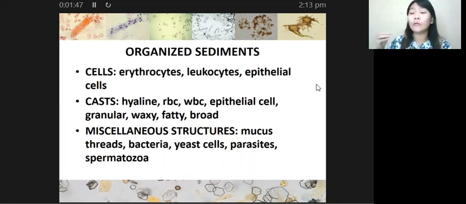So syempre, kung meron tayong organized sediments, we also have what we call your unorganized sediments. So basically, when we talk about your unorganized sediments, we are referring to your crystals. Siya lang. Mag-isa niya doon sa unorganized sediments.